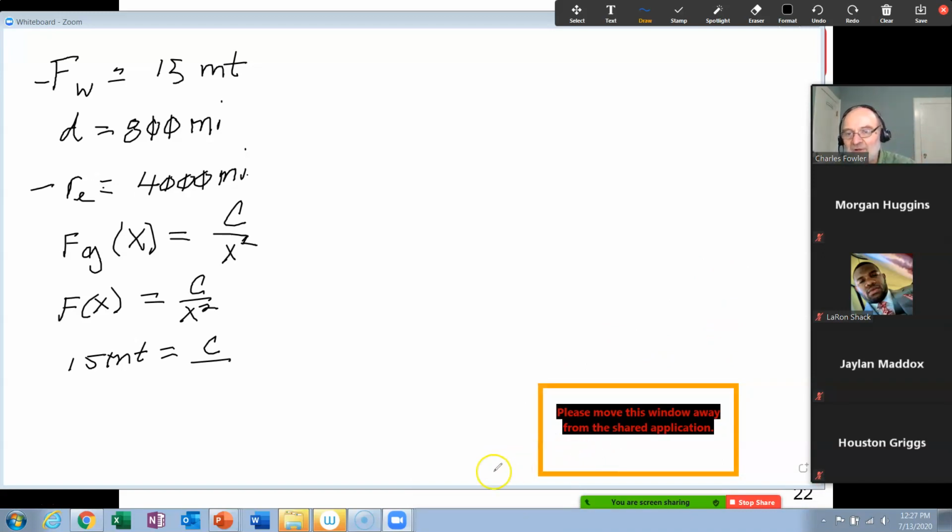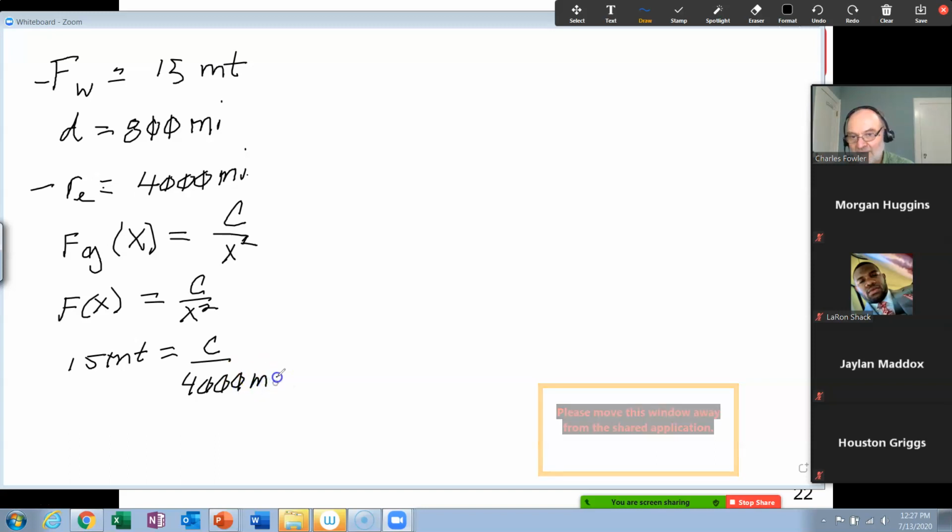So 15 metric tons is equal to C divided by 4,000 miles squared. That's a huge number. They are mixing the units like crazy here. Okay. So what's your C?